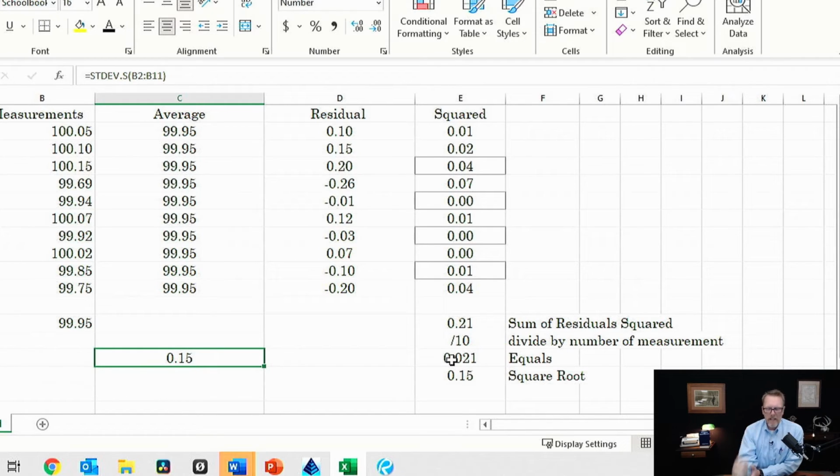Now, to check myself, I just went in, and you can see the formula shown right up here. The highlighted box is shown here at 1500ths, and there's the formula in Excel that shows you what numbers I took. I took B2 through 11, said give me the standard deviation, 1500ths, checks my longhand work, and that, my friends, is least square adjustment.